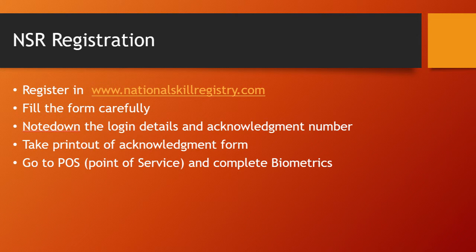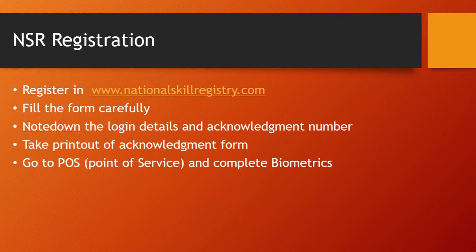After that, you will get an acknowledgement number, so you should note that down. Then you should give the qualification details, that is SSC, etc. All these things you should give. And then the next part is the company details, that is your previous company, if you are employed.